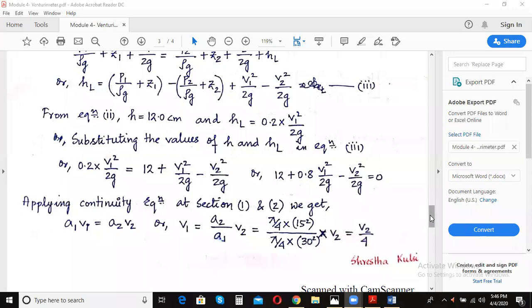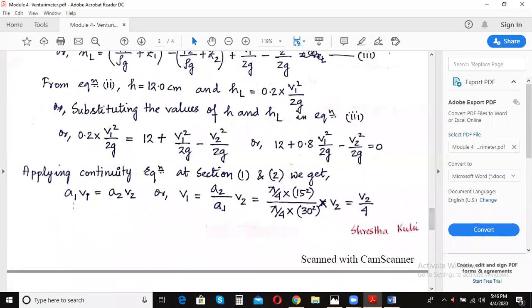From here we have already calculated the value of A1, which is equal to 706.85, and the value of A2 is how much? It was 176.7. So with the help of this expression, we will be deriving a relationship between V1 and V2. V1 is equal to the ratio of A2 by A1 into V2.